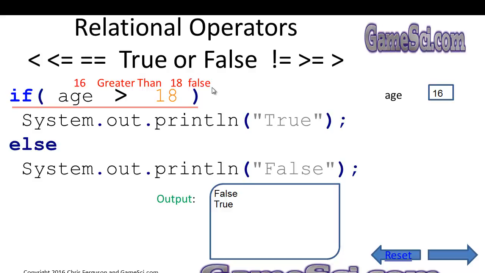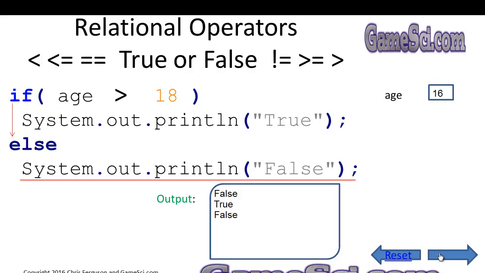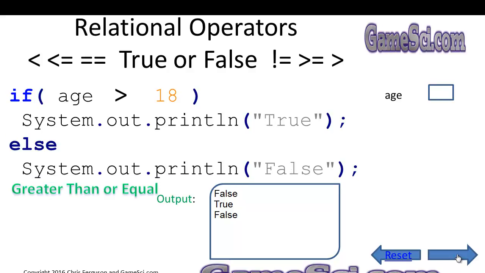The thing I'm trying to get through to you with these repetitive examples is it always boils down to true or false. Is this true or is this false? In this case, it is false, so it'll skip the if portion. When it skips the if portion, it goes to and executes the else code, and it outputs the word false. 16 greater than 18 is a false statement, and it executes the code in the else.